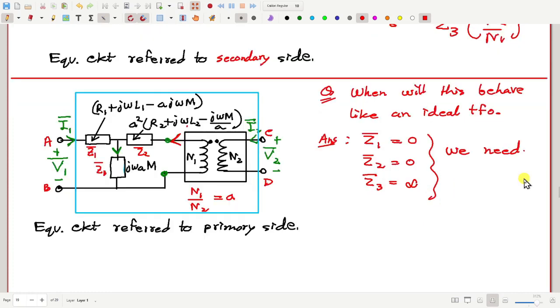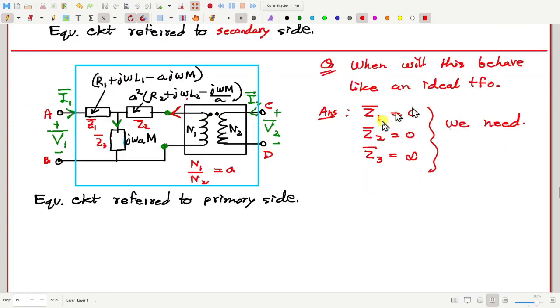Now let us check how to get these conditions. Now Z3 tending to infinity implies what? What can be infinite here? Z3 is j omega a m. So we need basically m tending to infinity, very large practically.